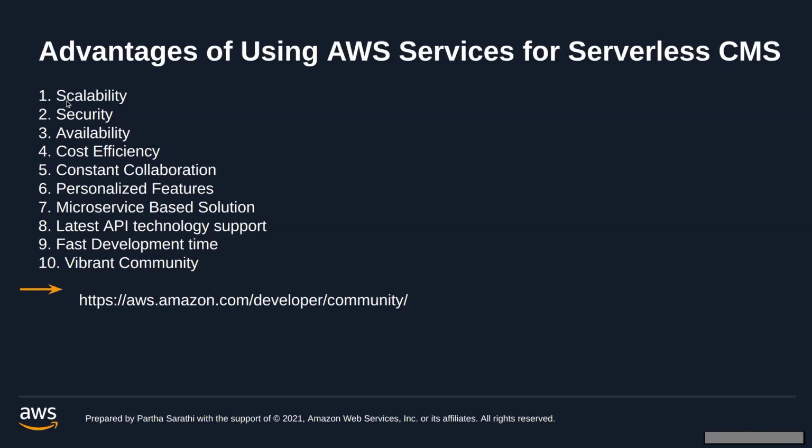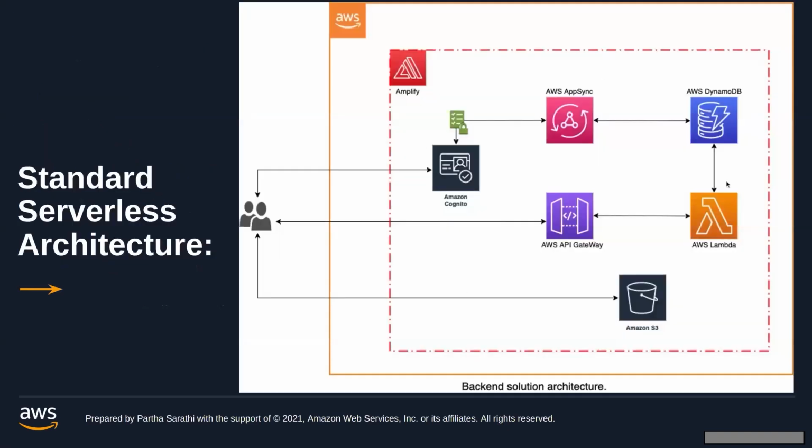Now if I go one by one, how can scalability be effectively used on serverless CMS with AWS services? When you build this architecture for your serverless CMS, the most important aspect would be scalability.